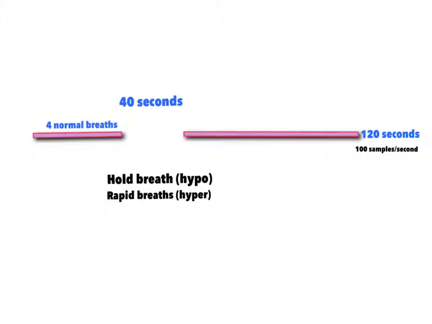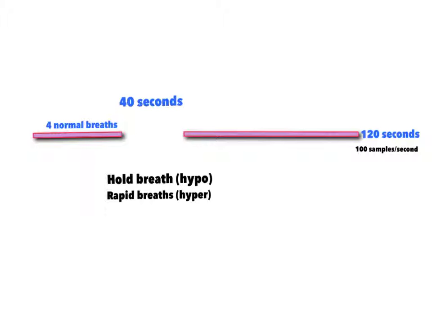For the first experiment, you're going to hold your breath for 40 seconds. Make sure you take one large deep breath. After 40 seconds, you're going to breathe as normal as possible. Then the data collection will stop at 120 seconds.